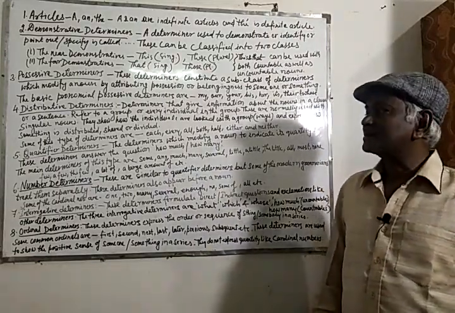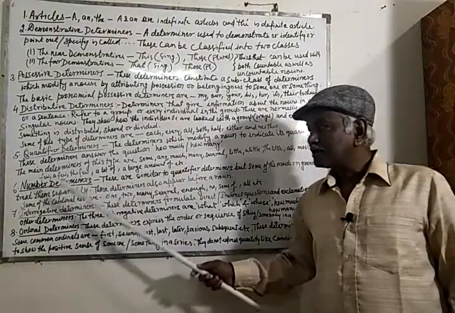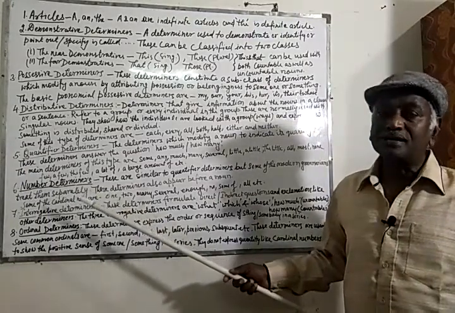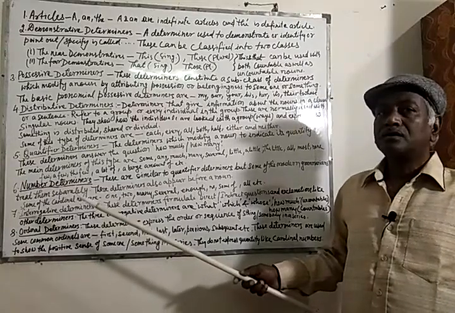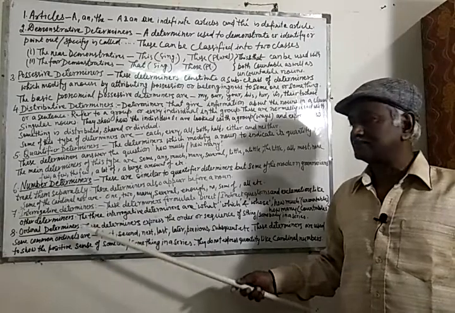The next determiner is number determiners. Here, number determiners means we are going to discuss cardinal numbers. Cardinal numbers are those numbers like 1, 2, 3, 4, natural numbers we may call them.